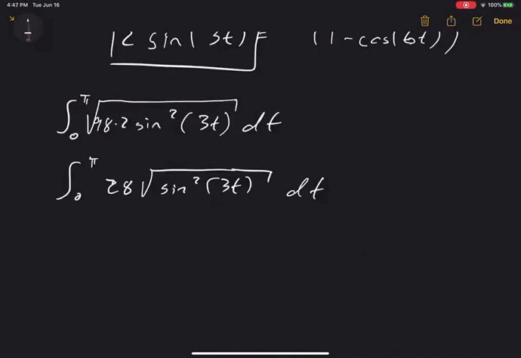All right, we have to be careful. In 7.3, we just kind of said, okay, square root and square, this trig stuff cancels. And it does in this case too, but we have to check our interval. On this interval, sine of 3t, is that always positive? No, it's not.